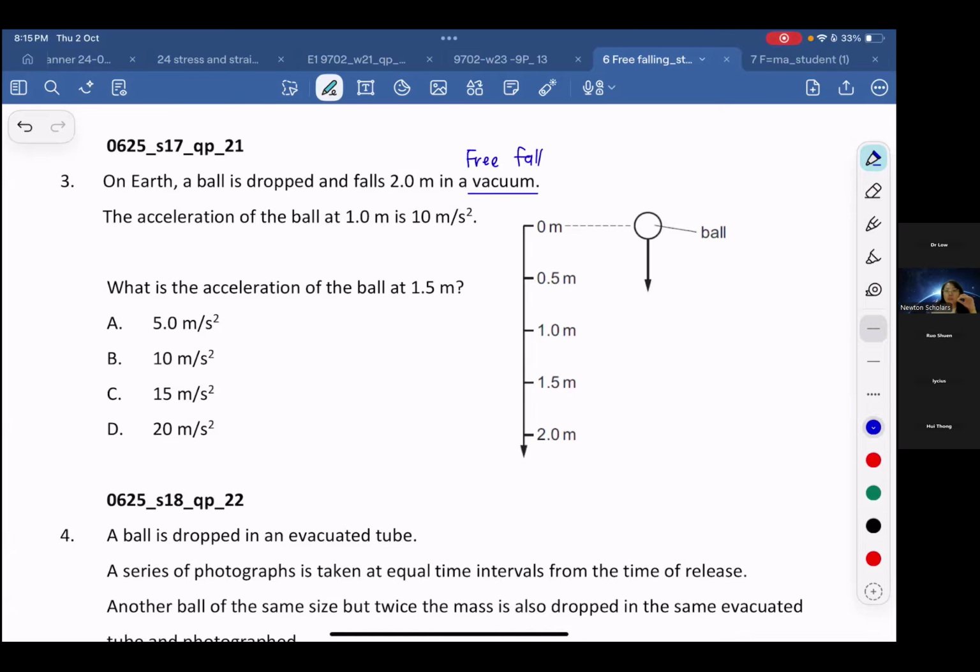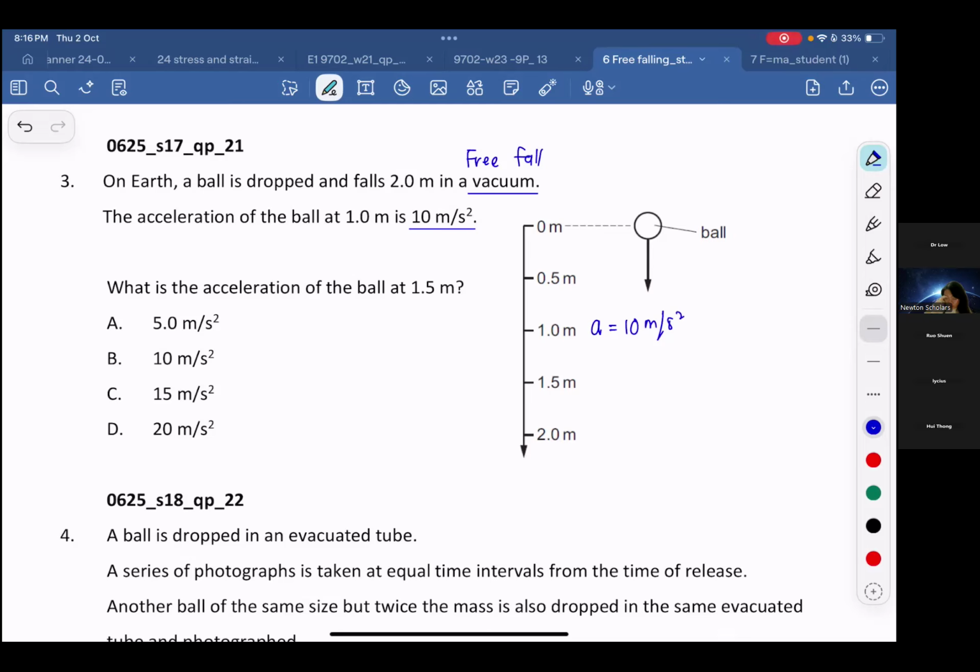If you are doing past year questions earlier than 2023, they will use g as 10 meter per second square. Because this is a 2017 question, they still use 10. At 1 meter here, the acceleration is 10 meter per second square.